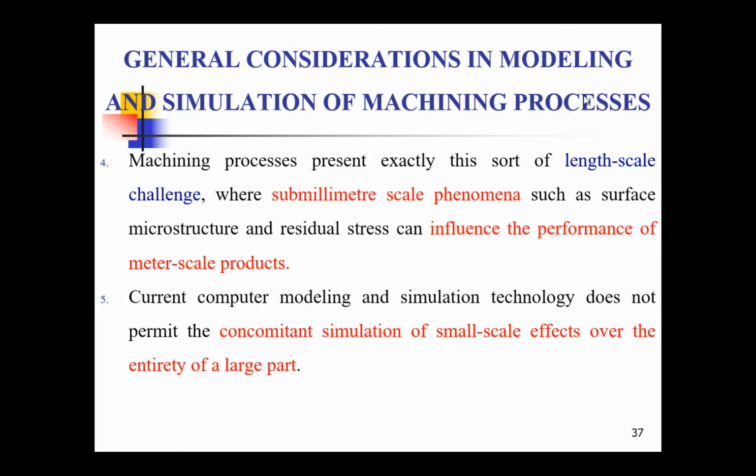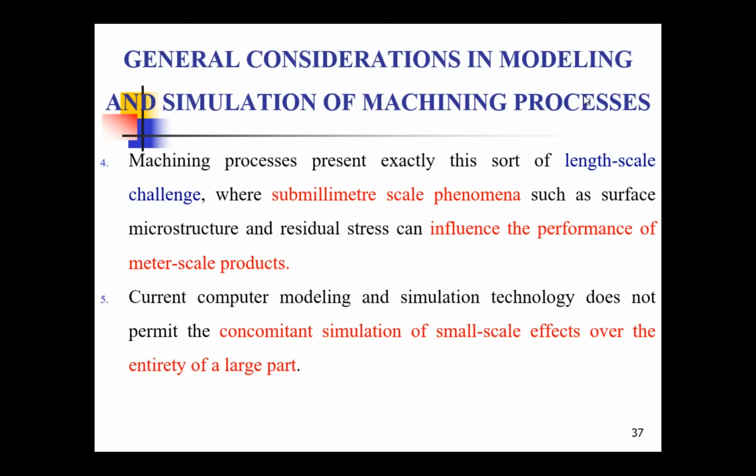At 100 microns, that comes under sub-millimeter scale phenomena, right? But residual stresses and temperatures come under the meter scale product: temperature in degree centigrade, Newton per millimeter square, and so on. So there are two different types of length scales involved in this.